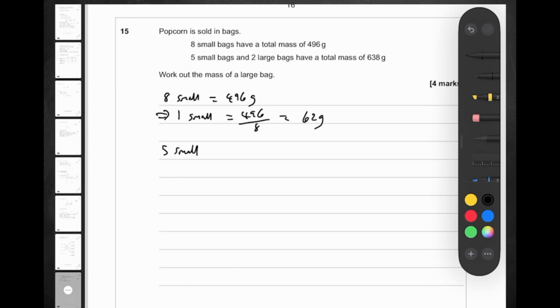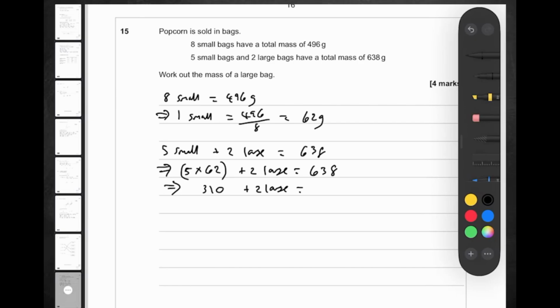5 small plus 2 large equals 638. Therefore, 5 times 62 plus 2 large equals 638. Again, do that on my calculator. 5 times 62 is 310. Plus 2 large equals 638.